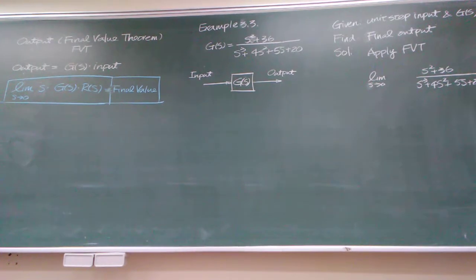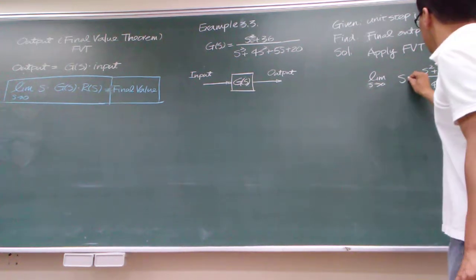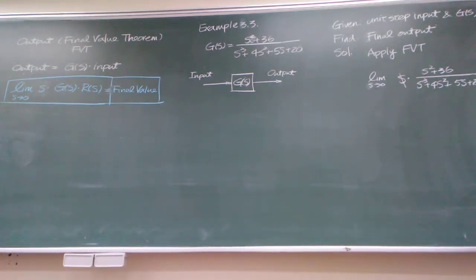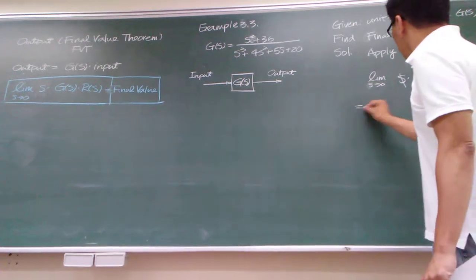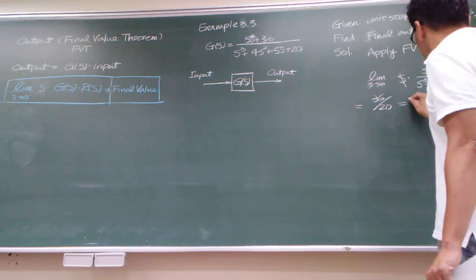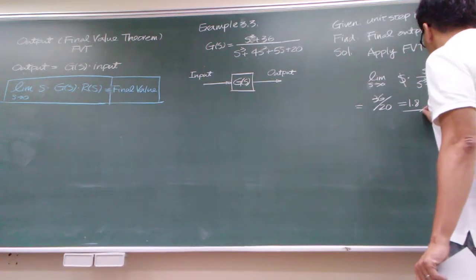R of S. That is going to be 1 over S. Is this the end? No. What do I need to have? S. So, cancel out the S. Replace S with 0. So it's going to be 36 over 20. So eventually, it will stabilize at 1.8.